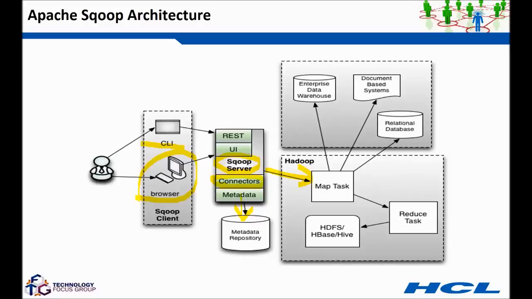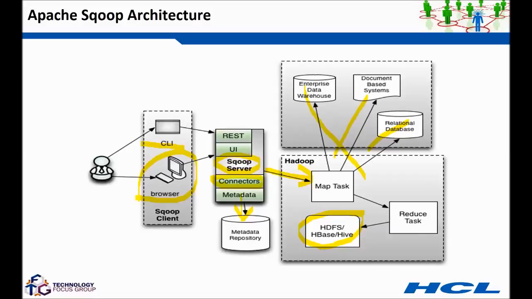It can be anything, but for simplicity's sake, let's say it's writing into HDFS storage. So you run a very simple command, not actually SQL like, but plain English commands. It will automatically launch the map jobs and start writing individual files onto your underlying storage. Once you have done all kinds of processing on those files, you can use Sqoop again to send data back to your enterprise data warehouse or document systems or RDBMS. So this is the overall high level Sqoop architecture.